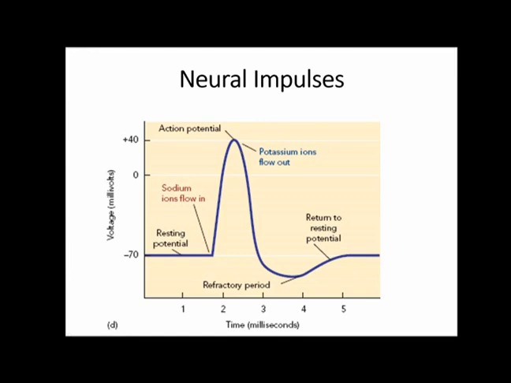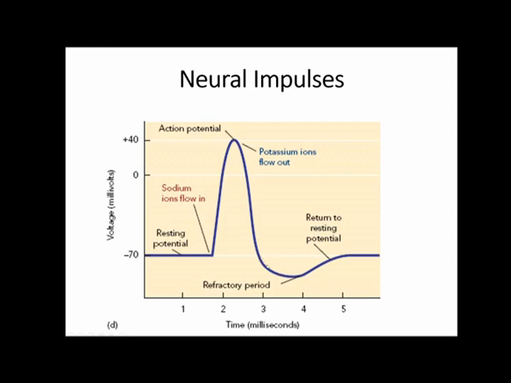They'll start getting negative as all of the positive charges leave. And so these potassium ions flow out, our charge in the cell gets negative, but you'll notice that we actually go too far.